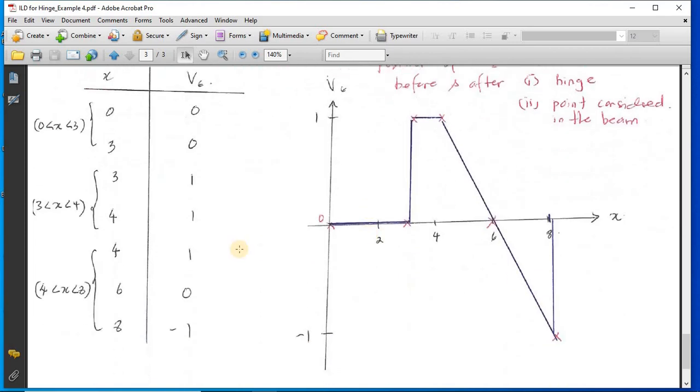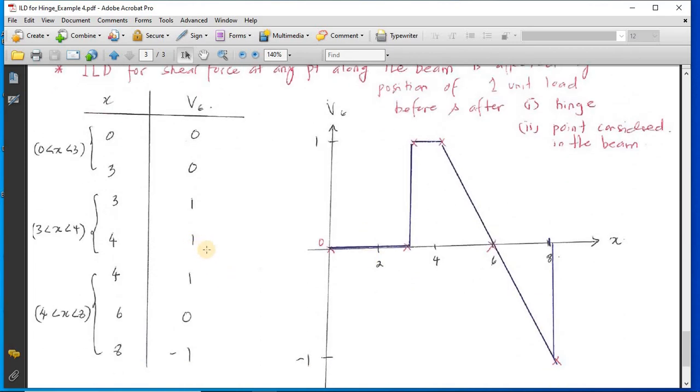And the next step, you can get the value of VE based on the x value. The interval considered here is 0 to 3. Okay, so it's a mix of intervals, so I didn't consider one value of interval.